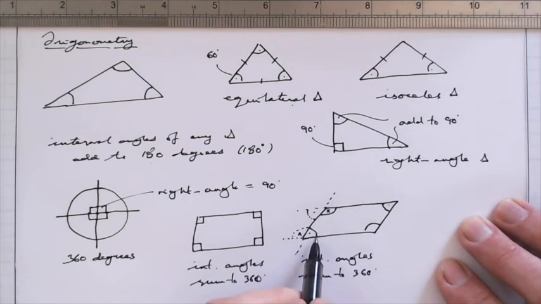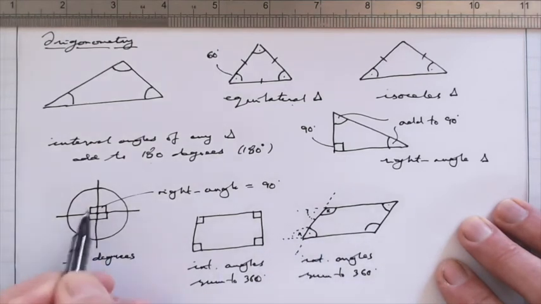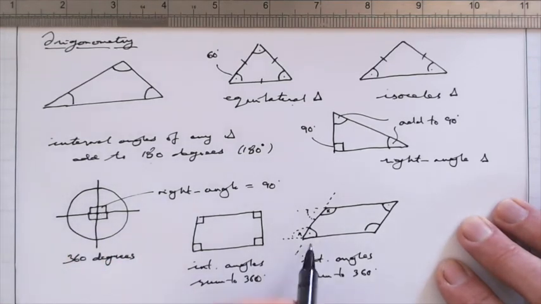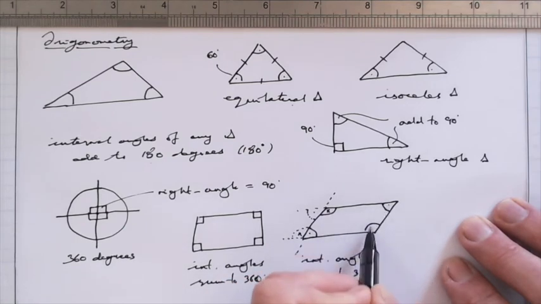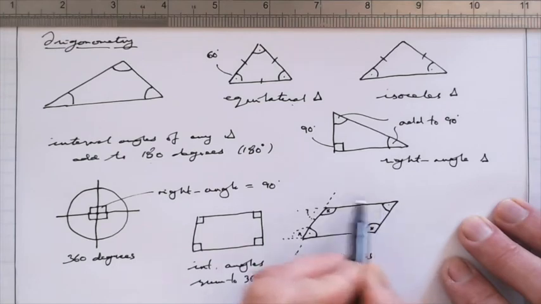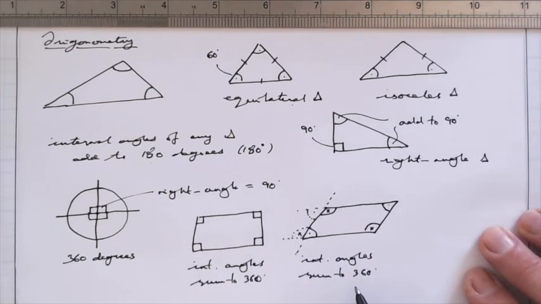But you see now that these 2 angles must add up to 180 degrees because they lie on a straight line. You see, a straight line has 2 right angles. A straight line has an angle of 180 degrees. So these 2 must add up to 180, and therefore, given that these 2 angles are just the same, then the internal angles add up to 360.